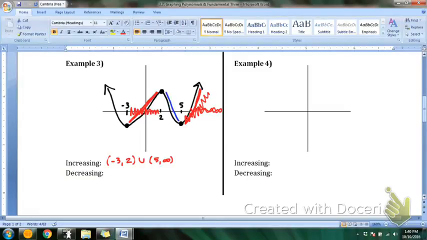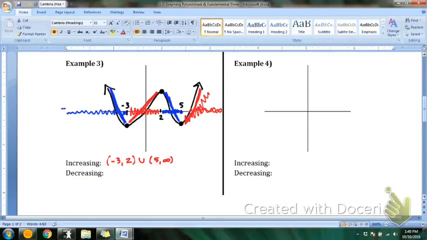All right, so now let's talk about decreasing. I'm decreasing from here to here, which is this section of my x-axis, and from here to here. Just stick with me if you're not getting it. We're going to practice this some more. On my x-axis, what is way out this direction?